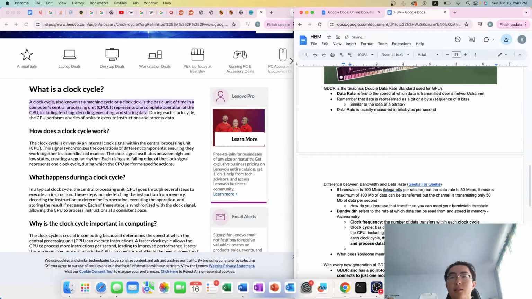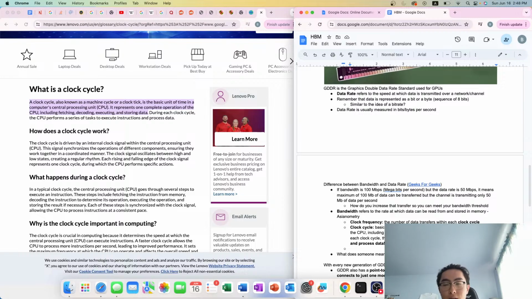Okay, so I guess I got that wrong, right? The clock cycle really is this basic unit of time. It represents one operation of doing a bunch of different tasks from fetching, decoding, executing, and storing data.